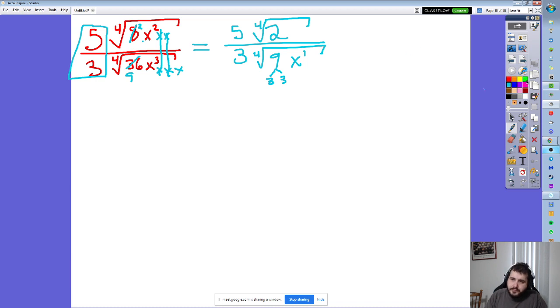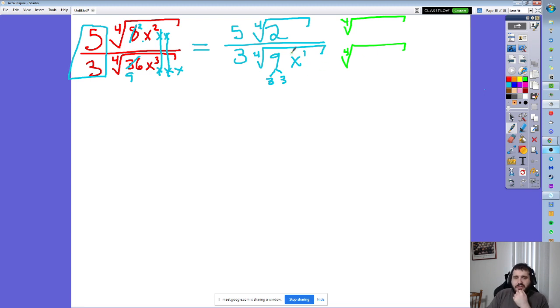Now, here's what I like to do, because I have to multiply something into this radical to pop this radical and let everything out. And I have to do the same thing to the top. So some kind of fourth root has got to get multiplied to the top and the bottom.